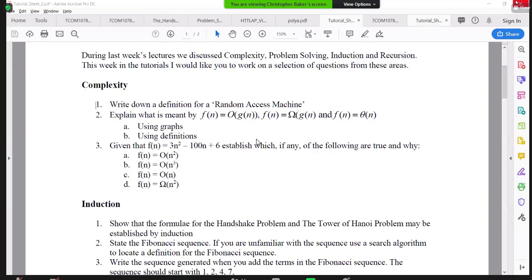If you've got any problems or questions or queries, please let me know. The first section, finding the definition of random access machine, is relatively simple.